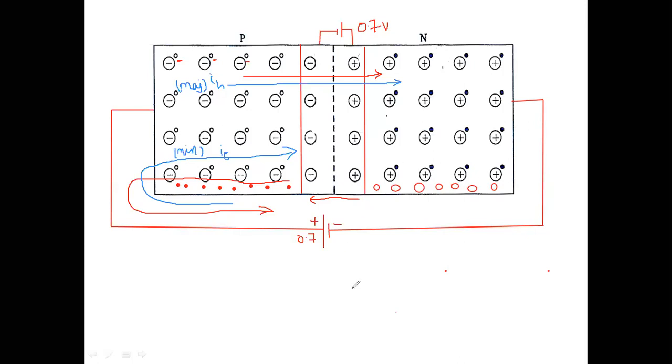Since I'm giving negative supply to N-type material, and electrons are majority charge carriers which are also negative particles, these electrons will be repelled due to this negative supply and move in this direction. This is the direction of electrons, IE, which are majority charge carriers here.